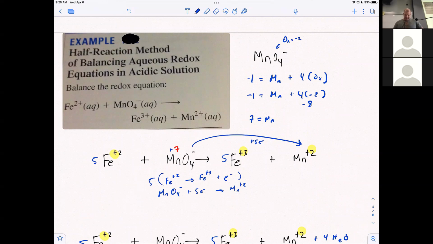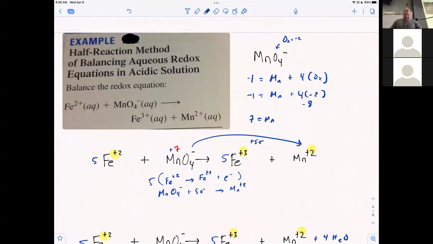So here, iron goes from +2 to +3. In doing so, it's going to generate an electron. Manganese goes from +7 to +2 in oxidation states. So that means 5 electrons need to be consumed to go from +7 to +2.